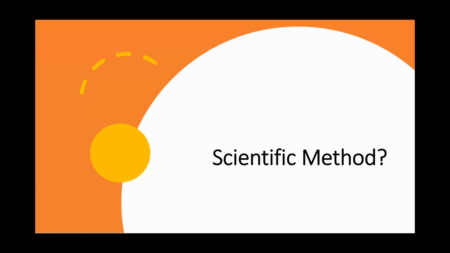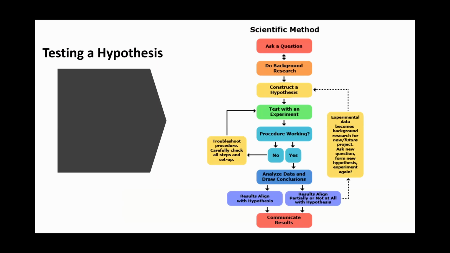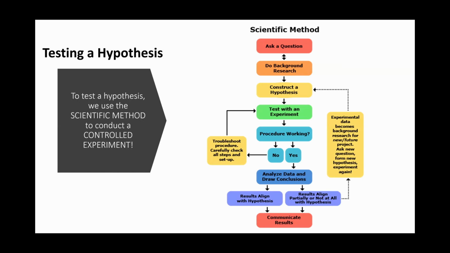So scientific method. This is how you test your hypothesis. If you're going to think like a scientist, you're going to test your hypothesis using a scientific method and conduct a controlled experiment.